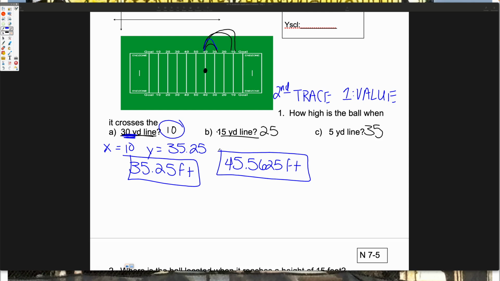And then one more time, second trace 1. We're saying the ball has traveled 35 yards. So I'm going to enter 35 and press enter. 23.0625 feet. So we're using all this in the calculator. Second trace 1 when it gives you the x value.